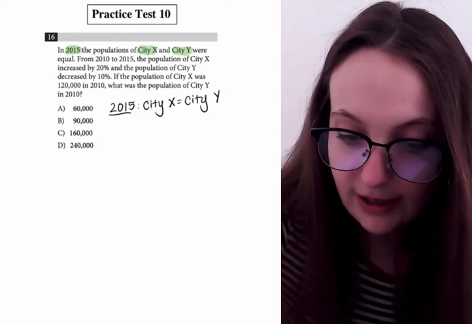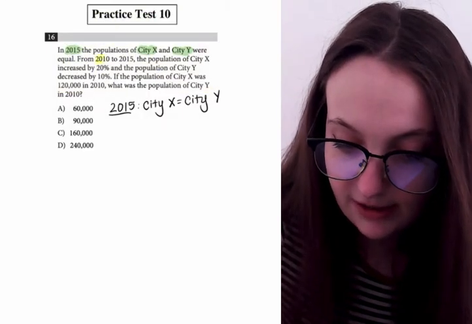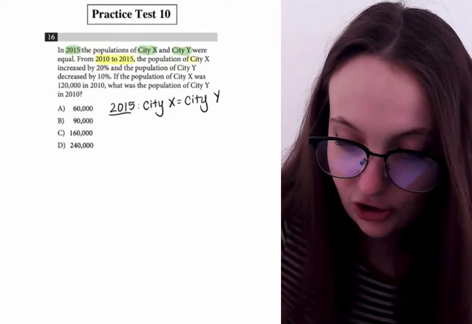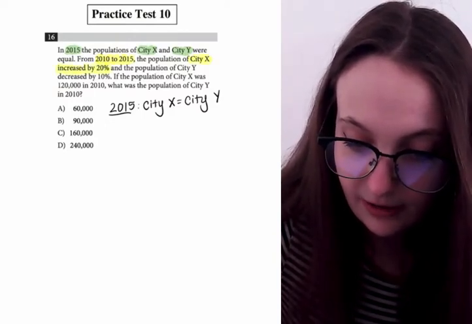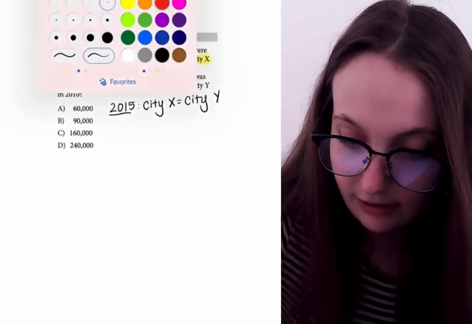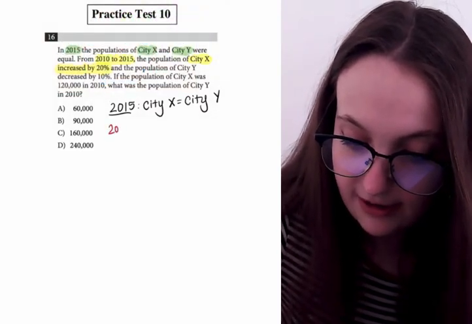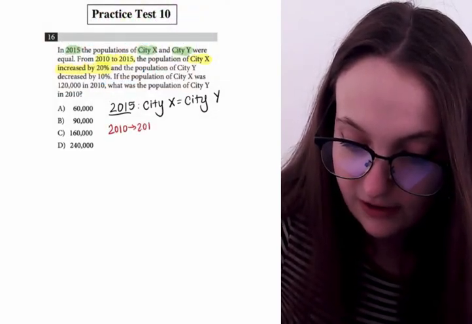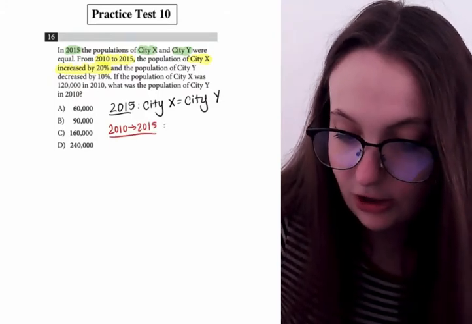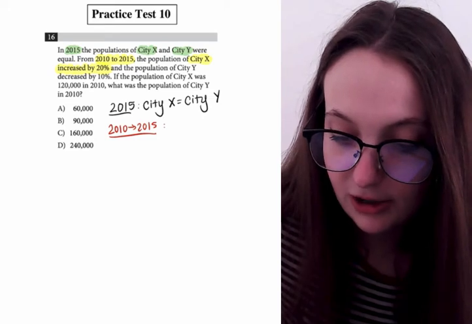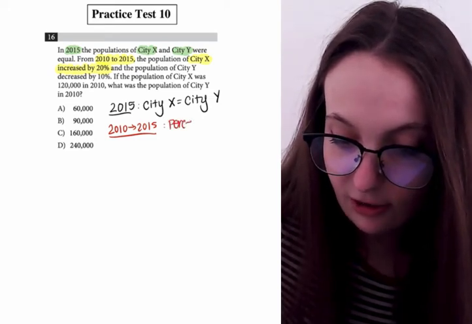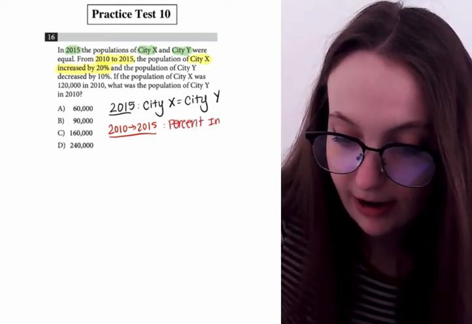From 2010 to 2015, it says right here, the population of city X increased by 20%. Let's go ahead and write that down. Whenever we're expressing a percent increase, here's how we do that.